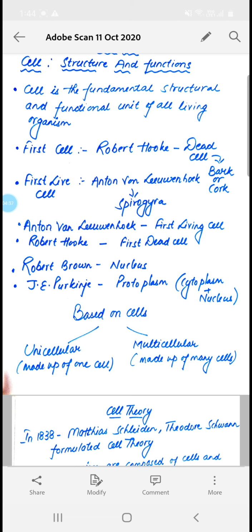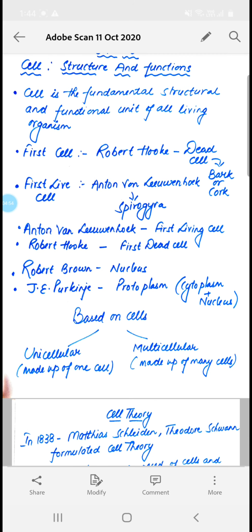Now the question arises, that cell was a dead cell. Who discovered the first living cell? Anton von Leeuwenhoek is the scientist who discovered the first living cell, and the first living cell was the algae named Spirogyra.